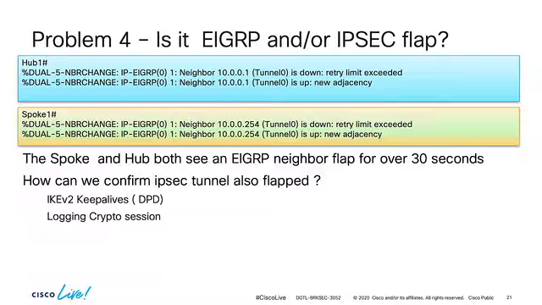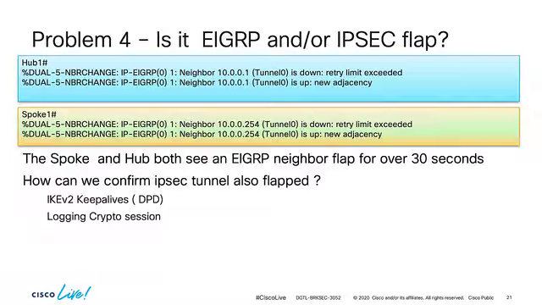So it's very important that we do have IKE keepalives or dead peer detection configured. I did say when I was discussing the encryption module that you can configure on-demand DPDs or keepalives, or you can configure periodic, and you would configure periodic if the spokes or the hub are behind a NAT device.